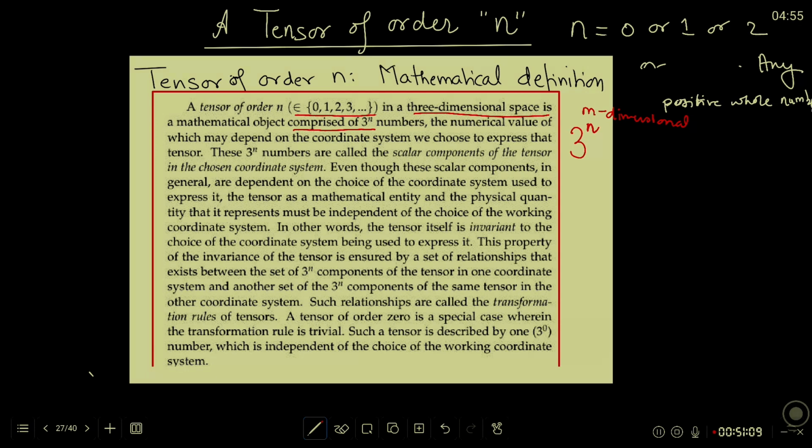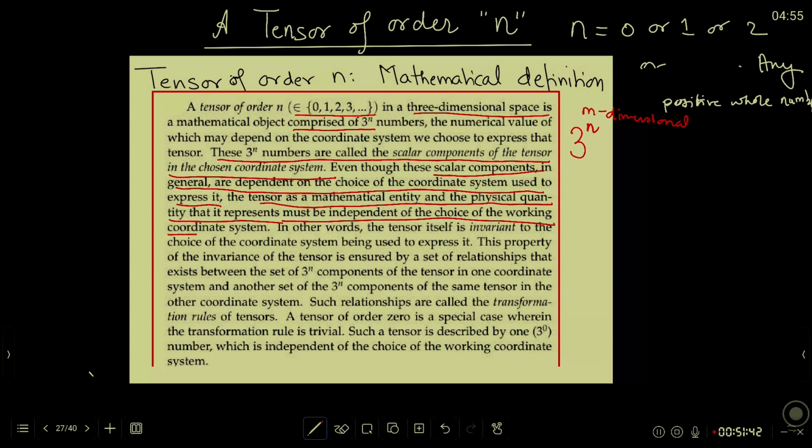Even though these scalar components in general are dependent on the choice of the coordinate system used to express it, the tensor as a mathematical entity and the physical quantity that it represents must be independent of the choice of the working coordinate system. In other words, the tensor itself is invariant to the choice of the coordinate system being used to express it.